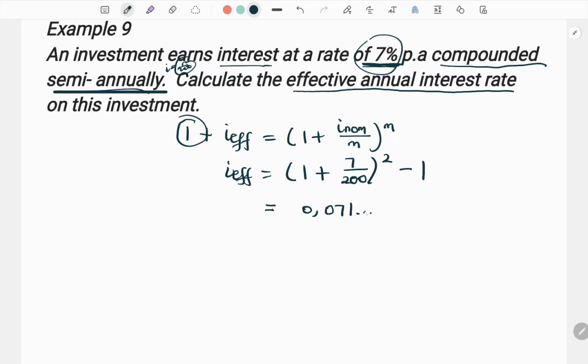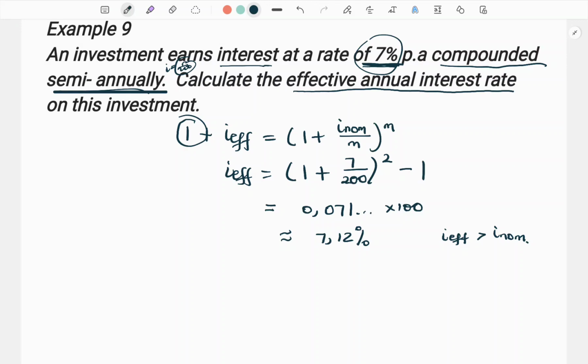Then you don't want it like this, so you multiply by 100. Then your final answer will be 7.12%. Remember, i effective is always bigger than the i nominal. So that's how you tackle this problem.